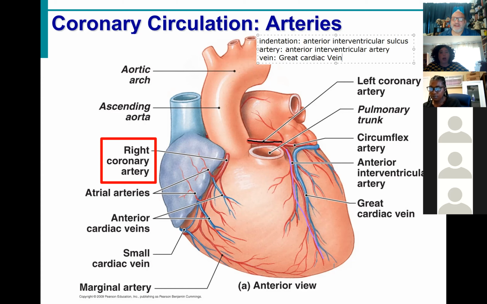Why would you not call it the anterior interventricular vein? Now, it's called the great cardiac vein because it is the largest or the longest of the veins, but I don't know. Anatomists are horrible people. That's why. That's how you end up with a ciliated pseudostratified columnar epithelial tissue. It's just because they're horrible, horrible people who don't like it.